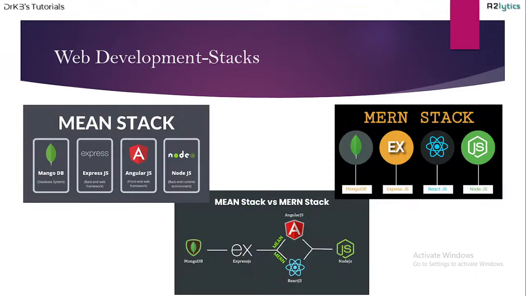So this is a MEAN stack, where you have to learn the MongoDB database, the Express backend framework, and the front-end framework, that is AngularJS. MongoDB is for database management, for data management. This is DBMS. Express is backend.